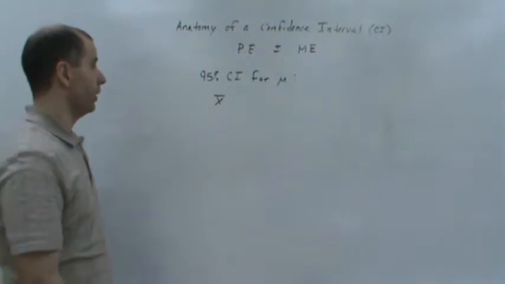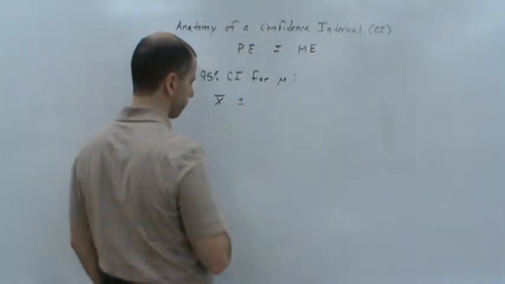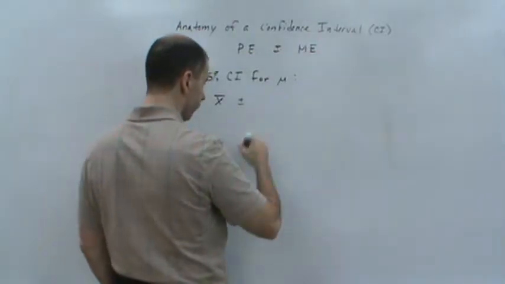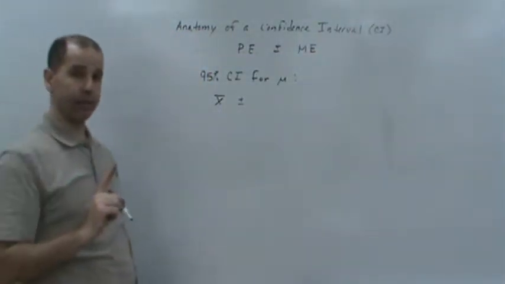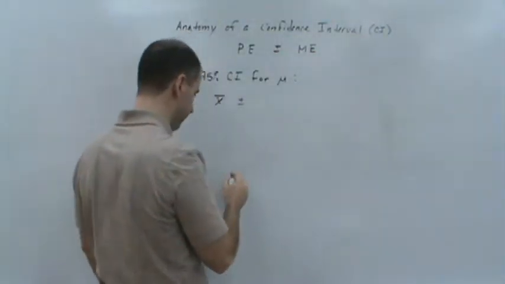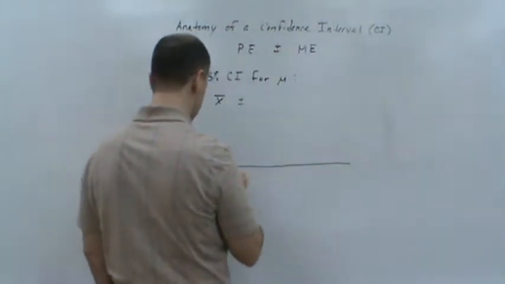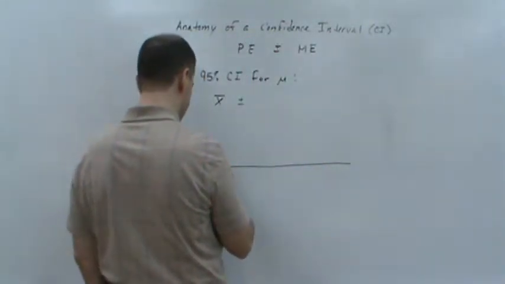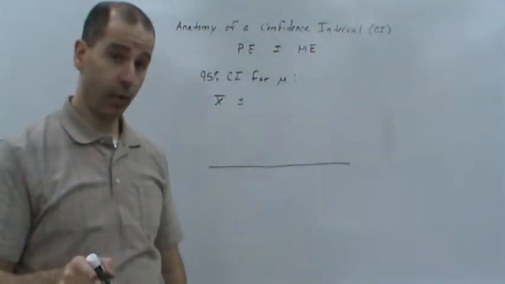Now the margin of error. Let's talk about that. Let's start by going back to the big idea. So let's say I have this distribution, and by the way, we're talking about X bar, the mean.